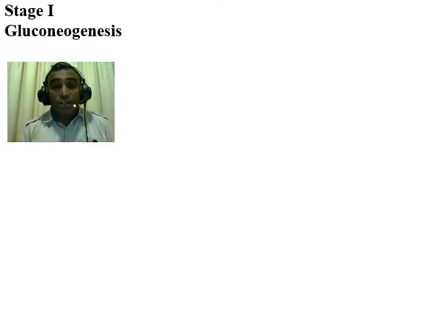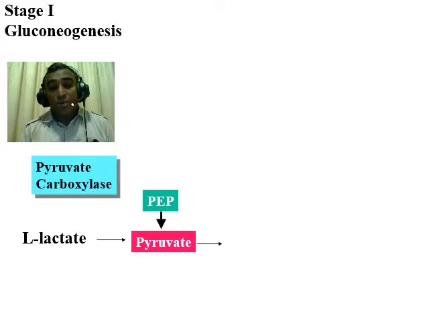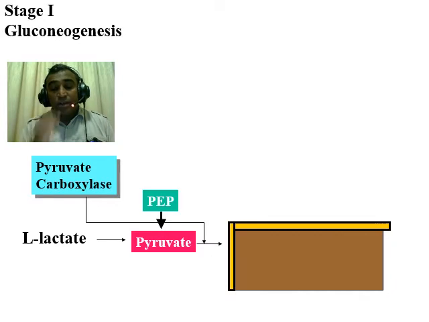So here we go through the gluconeogenesis pathway in much more detailed understanding. It has two stages, stage 1 as well as stage 2. We begin by having lactate becoming pyruvate, and then becoming oxaloacetate.